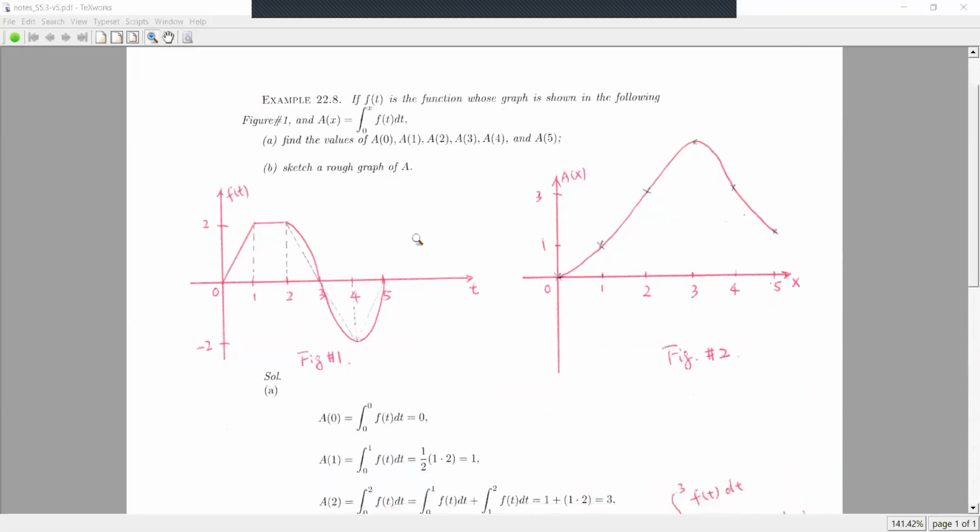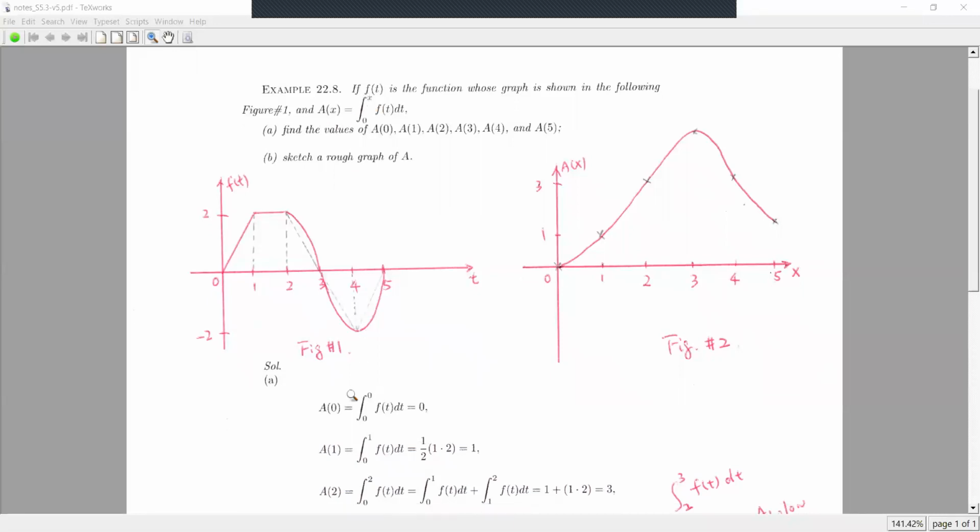Okay, now let me answer question A. To find A of 0, plug in 0 for x. Then A of 0 is this integral, the net area of the region between 0 and 0. The region between 0 and 0 is a line, which has no area, so the value is 0. Now, A of 1.